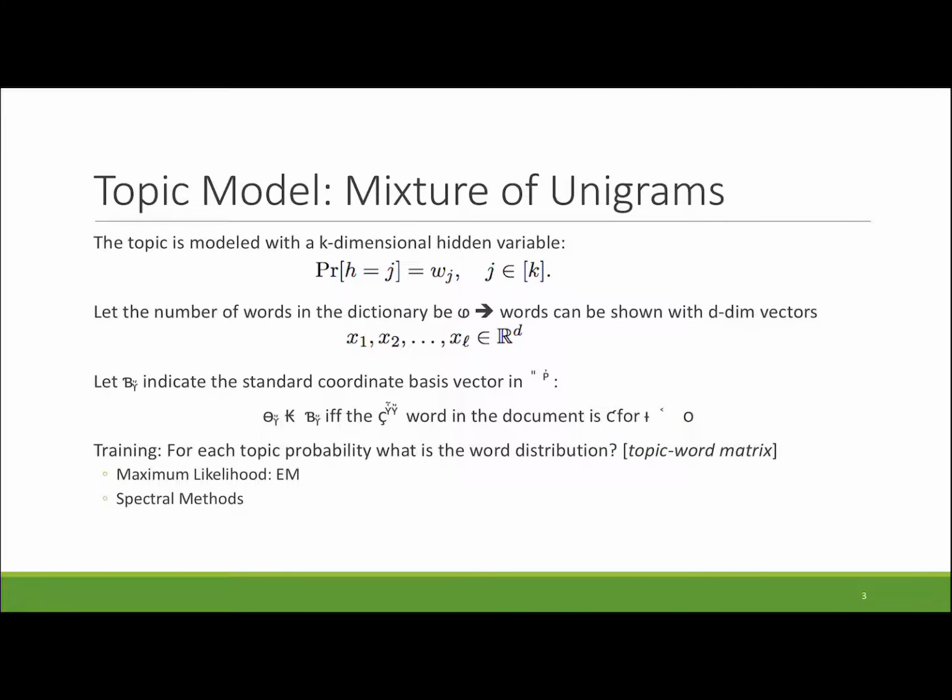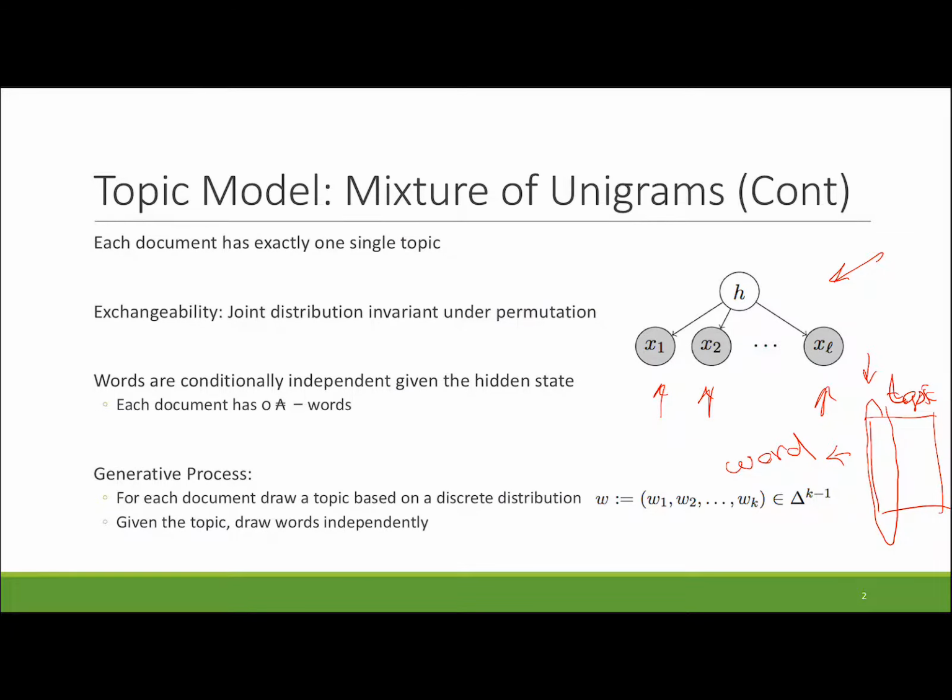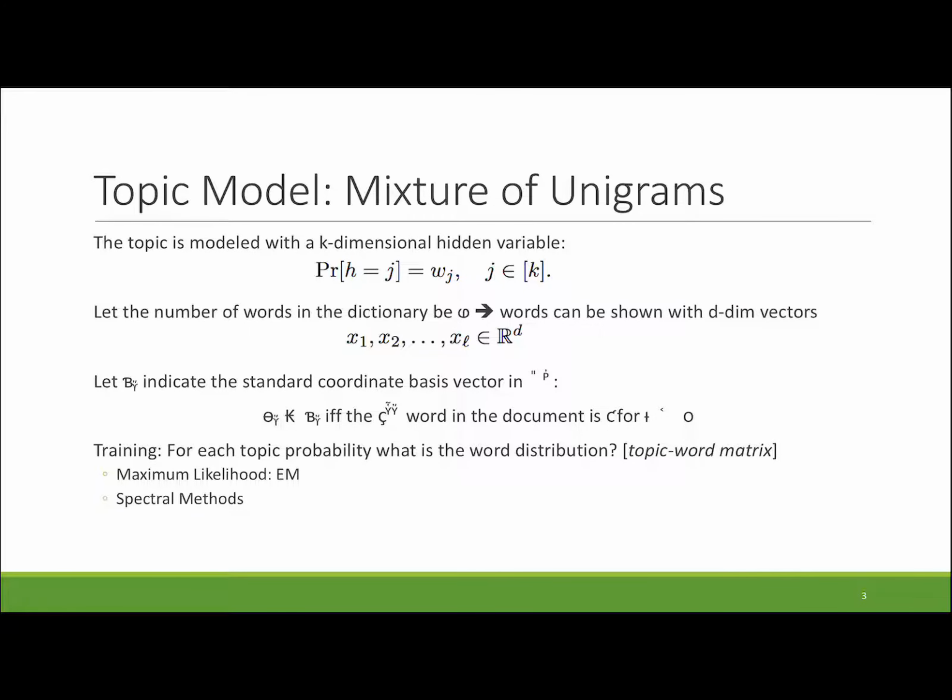So let's take a look at the properties of the mixture of unigrams model. The probability of each topic in this topic word matrix is given by w_j, right? And we have k topics in total for the corpus of documents. We are going to represent our words using one-hot encoding, which means that I look at the entire corpus and construct a dictionary.